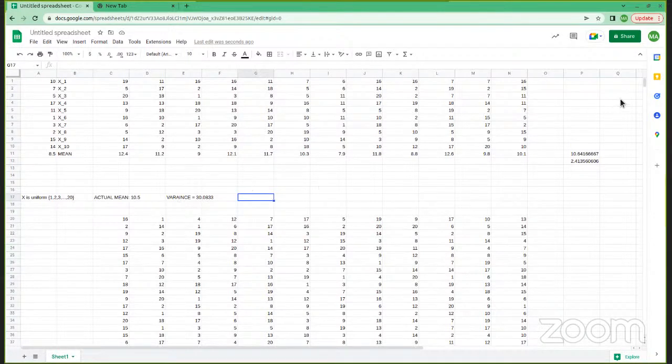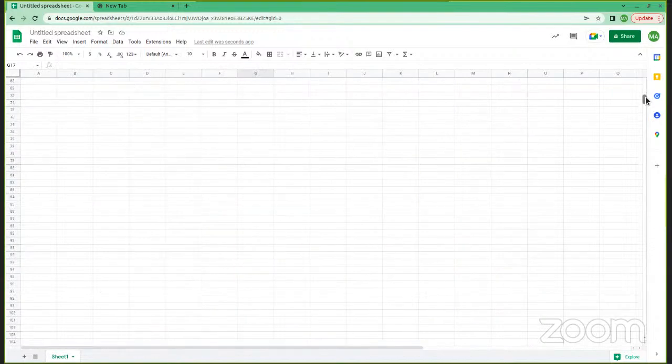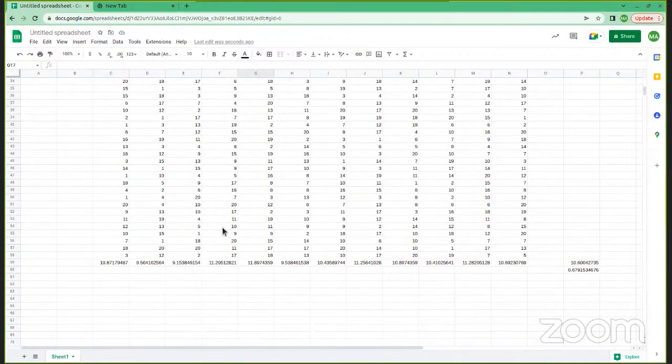Now, the variance I have computed here considers these particular values as my random samples, and the mean of these random samples is 10.6004. Once I know the mean and the sample data, how do I compute variance?